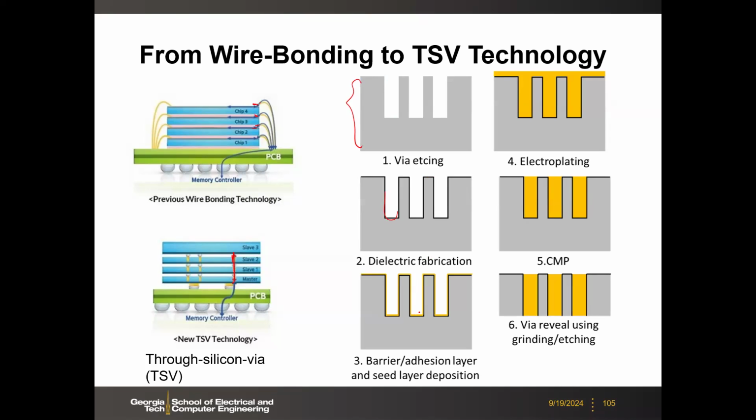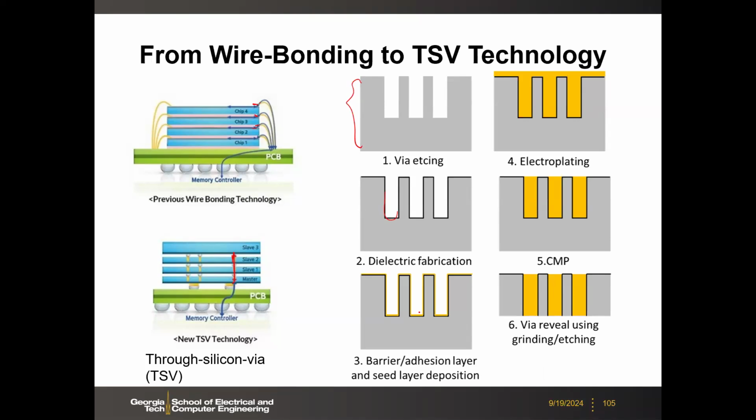Actually, even for the back-end line interconnect, you always have a barrier, like the titanium nitride kind of barrier, to prevent the copper from diffusing, because copper is a very fast diffusing material. If copper diffuses into your silicon, the transistor will be short circuited, essentially.